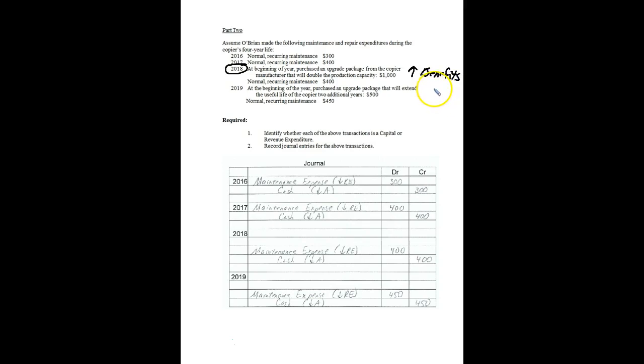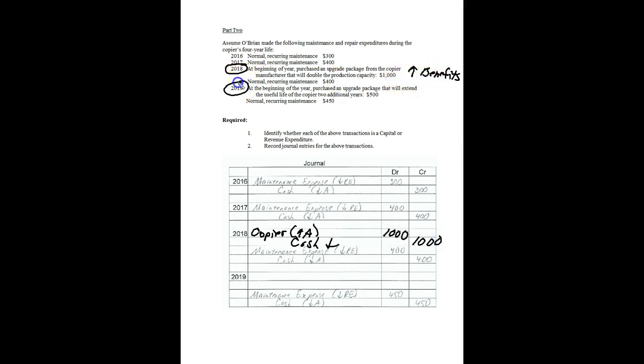So it's going to be more beneficial. So in that case, I'm going to debit the asset copier. It increased its cost by $1,000. And cash will go out for that. Again, it's going to increase our long-term benefits.